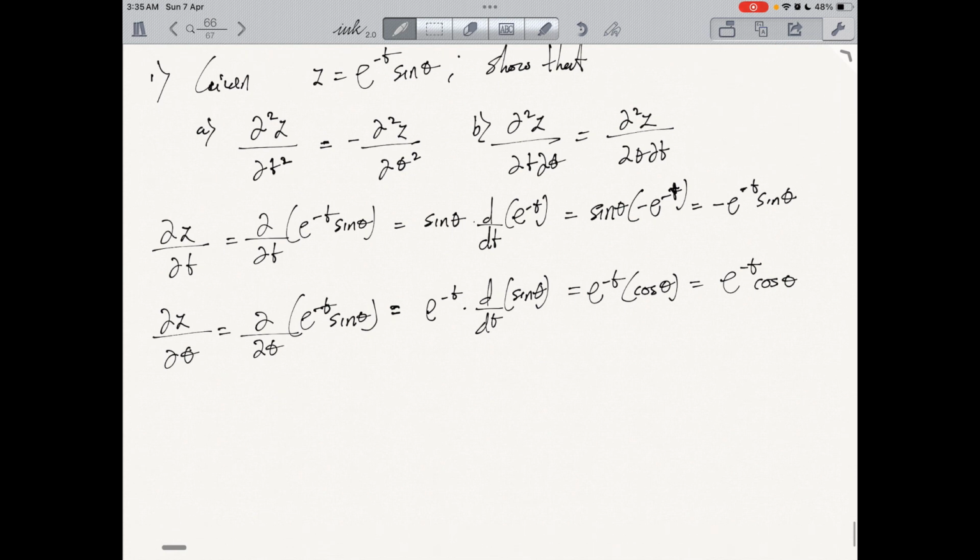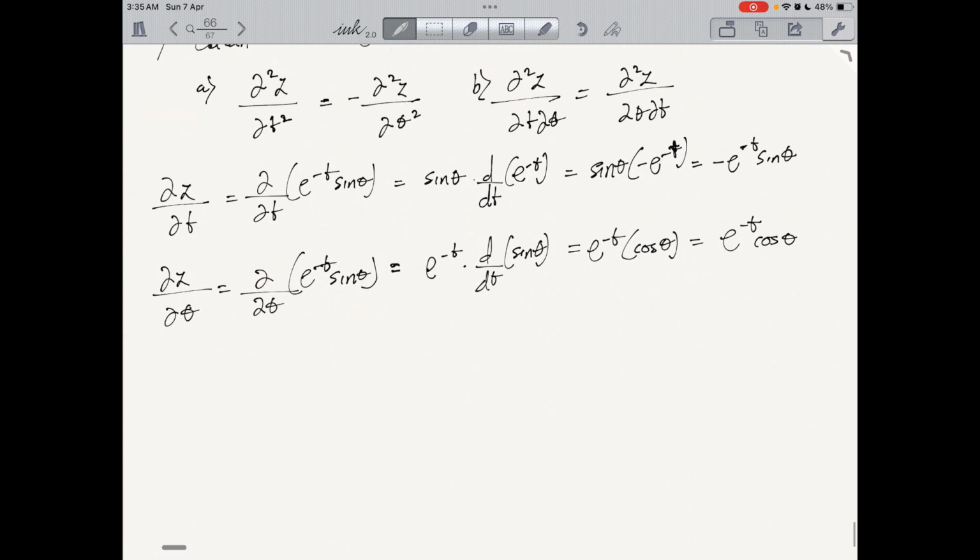Now, having done that, let us evaluate d square z/dt squared. d square z/dt squared is d/dt of dz/dt, and this is simply differentiating again partially with respect to t of minus exponential minus t sine theta.